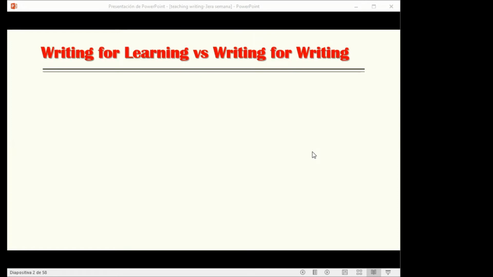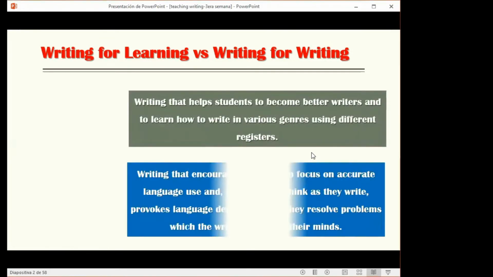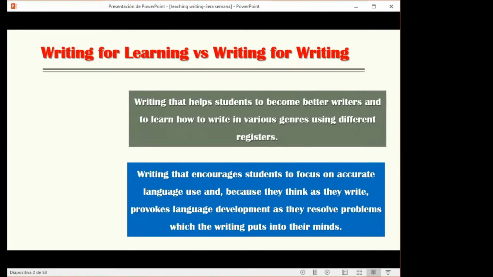Aha, Cindy wrote something in the chat: writing for learning is when the teacher gives students a task. Yeah, that's it. Remember, we saw these two definitions. Writing that helps the students to become better writers and learn how to write in various genres using different registers. Or on the other side, writing that encourages the students to focus on accurate language use, and because they think as they write, provokes language development as they resolve problems which the writing puts into their minds.